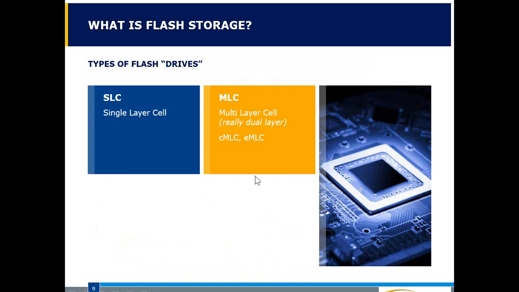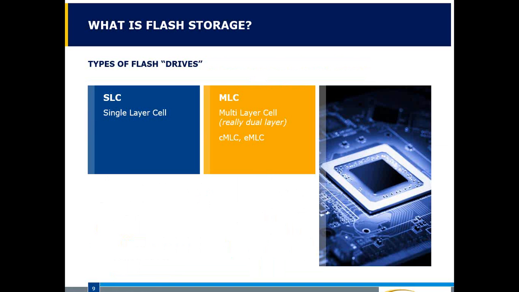So what do you actually get from a flash drive, now that you understand the basics of the technology? Most of the flash storage vendors and traditional storage vendors use either what's called a single layer cell module or a multi-layer cell module. Multi-layer cell, when it was originally designed, was actually just 2 layers.